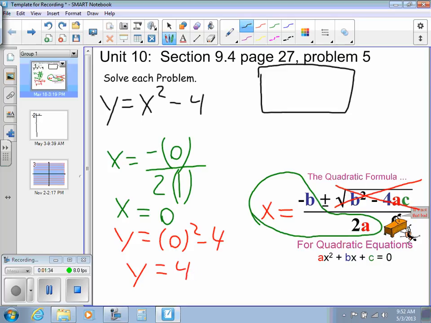So the coordinates of my vertex are 0, 4. Now I need to find an x and the y-intercept. And guess what? I already have my y-intercept because I know that when x equals 0, y equals 4. My y-intercept is 4. But I still need to find the x-intercept.